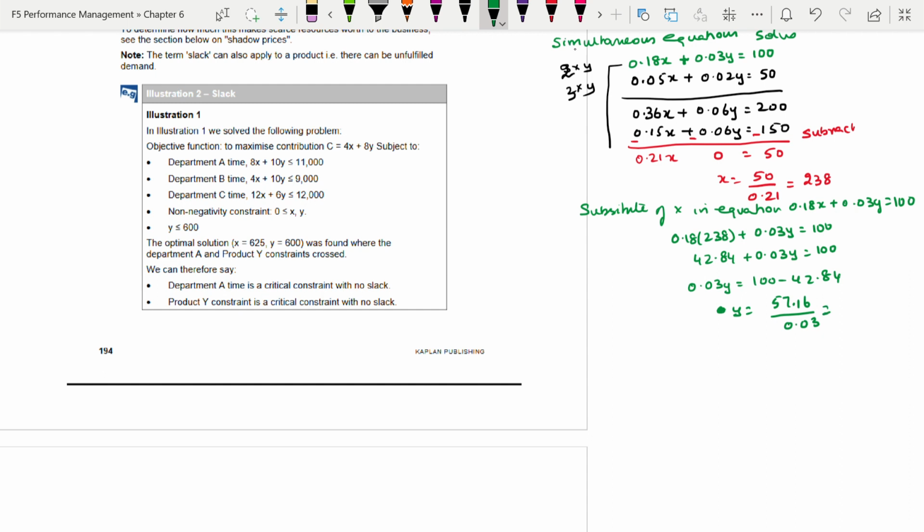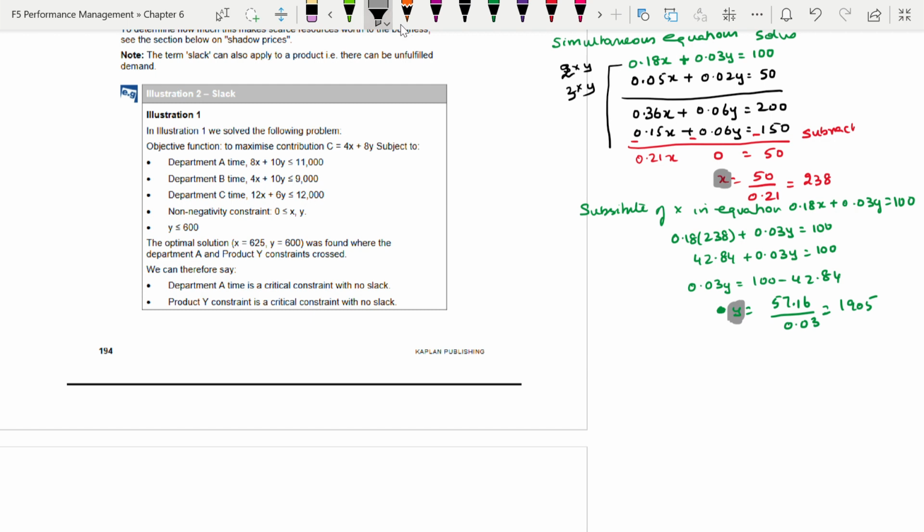It comes to 1905. Now we have the value of x and we have the value of y.